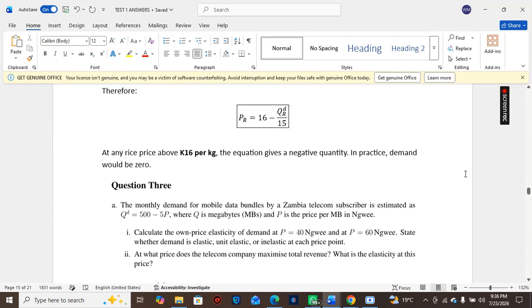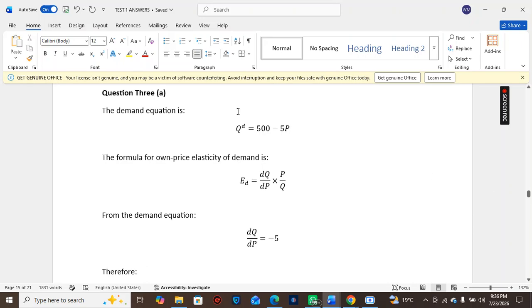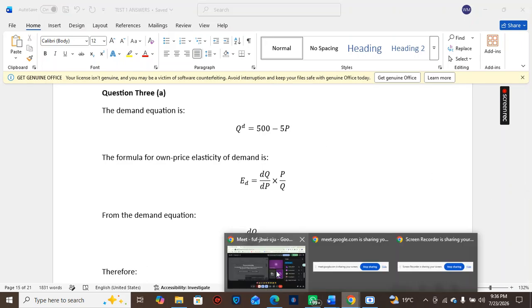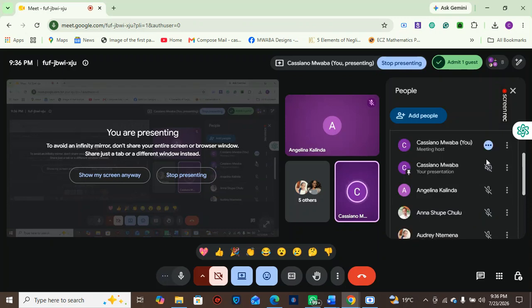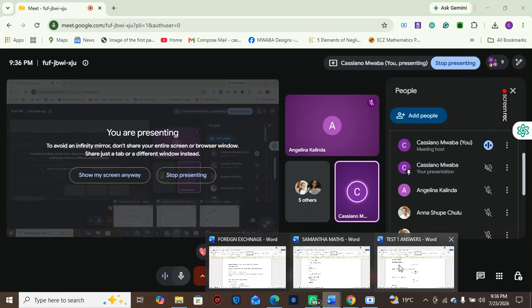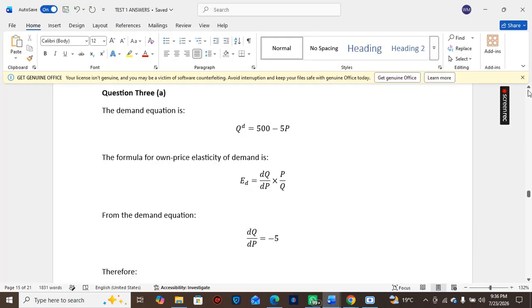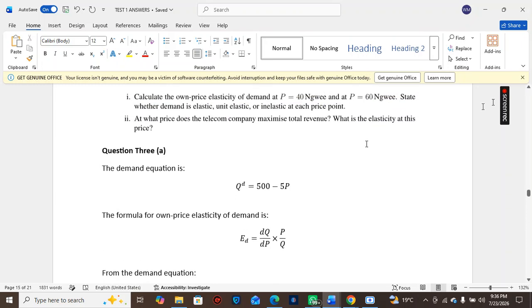That's price elasticity of demand. Remember, price and quantity have an inverse relationship, so this price elasticity of demand says how responsive quantity demanded is when price changes.